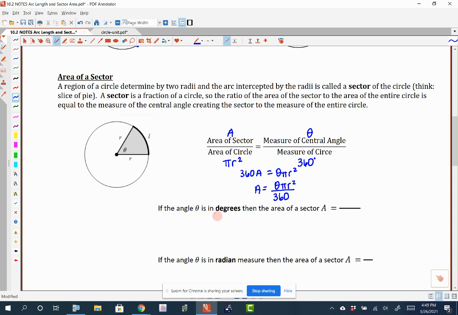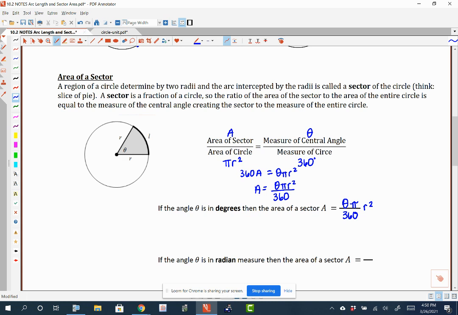If our angle is in degrees, then the area of a sector is A equal to, and we're just going to write this slightly different. We're going to take our theta and our pi and put those in the numerator over our 360, and usually we see that radius squared to the side, just like we saw with arc length yesterday and today so far.